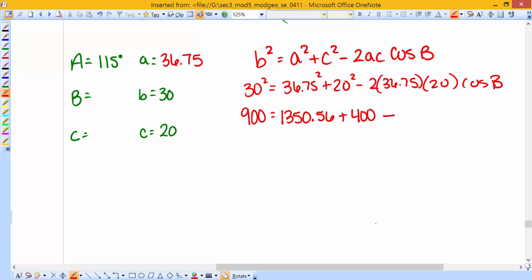Hold on, I hit divide on accident. 2 times 36.75 times 20 gives me 1470 cosine of B.